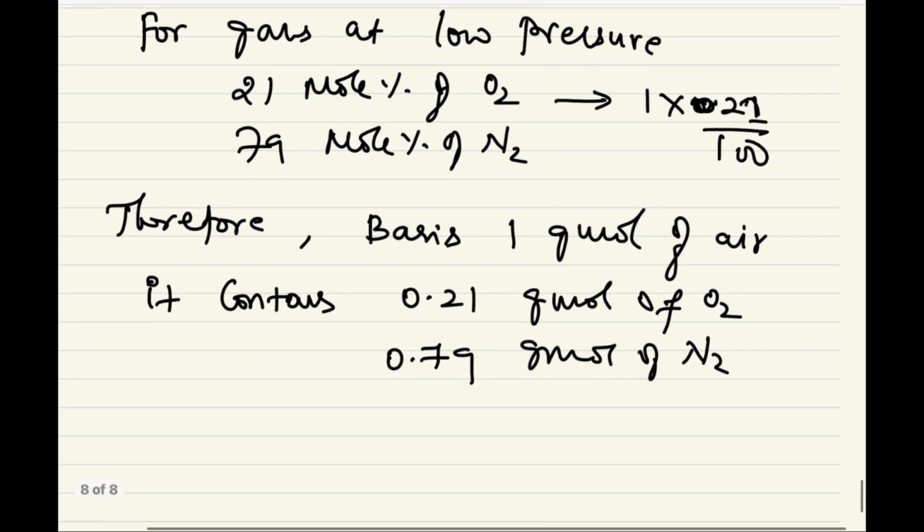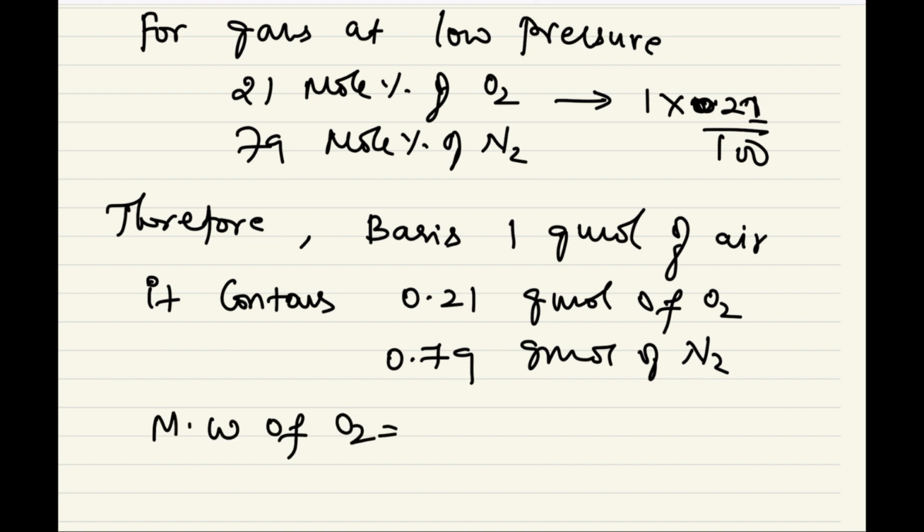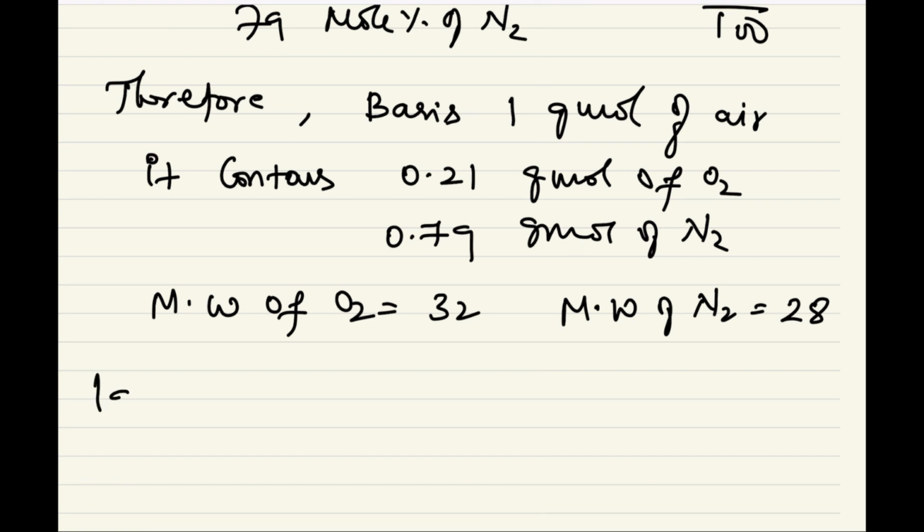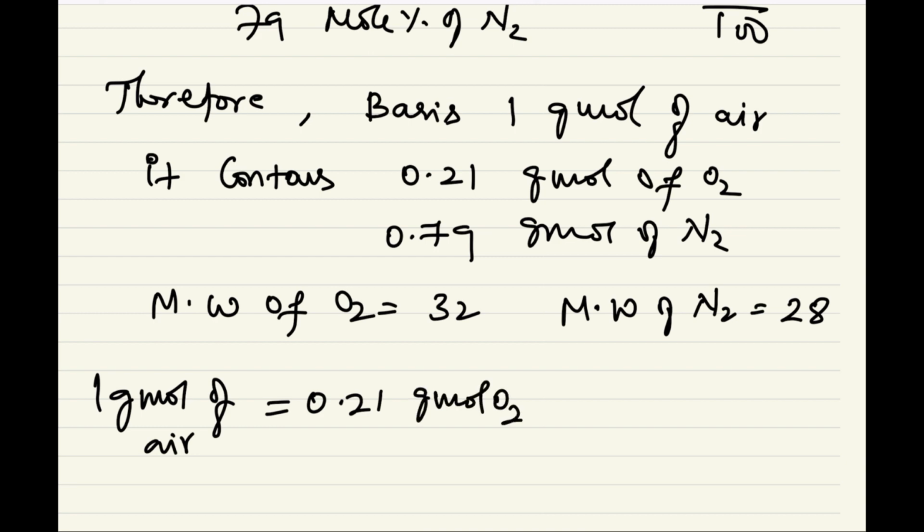From the atomic weights, you can calculate the molecular weights. The molecular weight of O2 is 32, and the molecular weight of N2 is 28. So 1 gram mole of air contains 0.21 gram mole of O2 multiplied by its molecular weight, because we need to average the molecular weight.